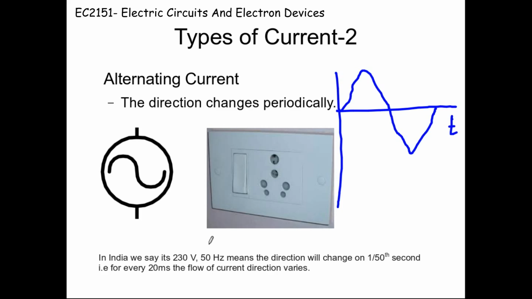In India we say it is 230 volts and 50 hertz, which is very important. You need to remember this. It means the direction will change every 1/50th of a second. That is, it's actually not that the direction changes every 20 milliseconds; every 20 milliseconds we will have a positive and a negative cycle.